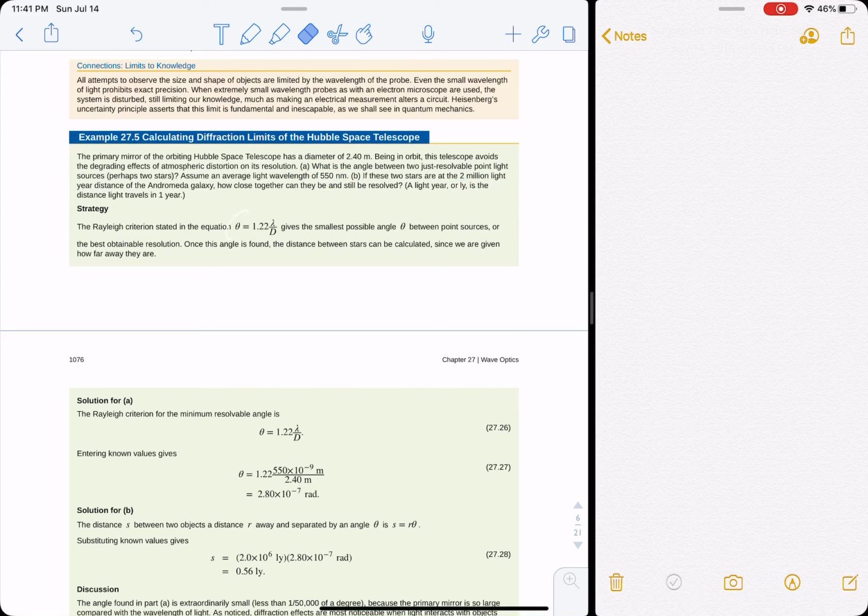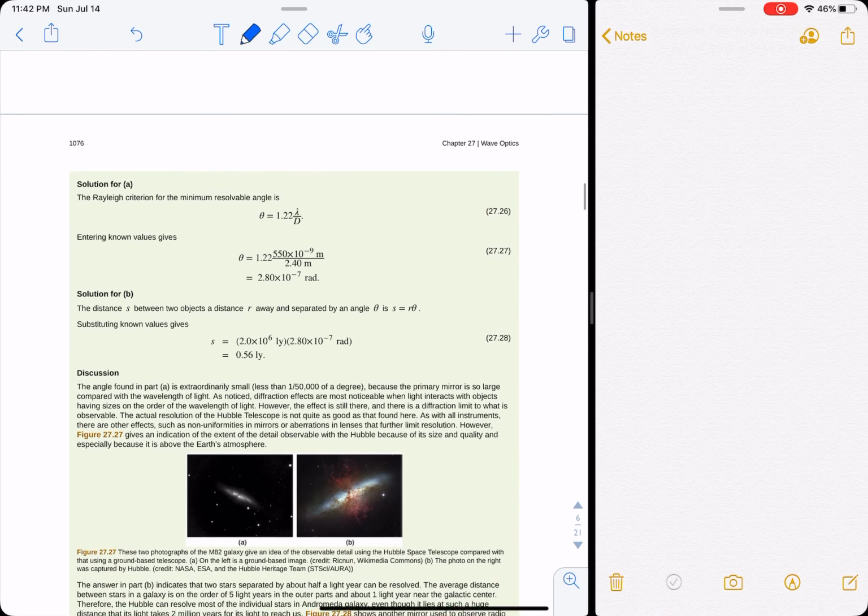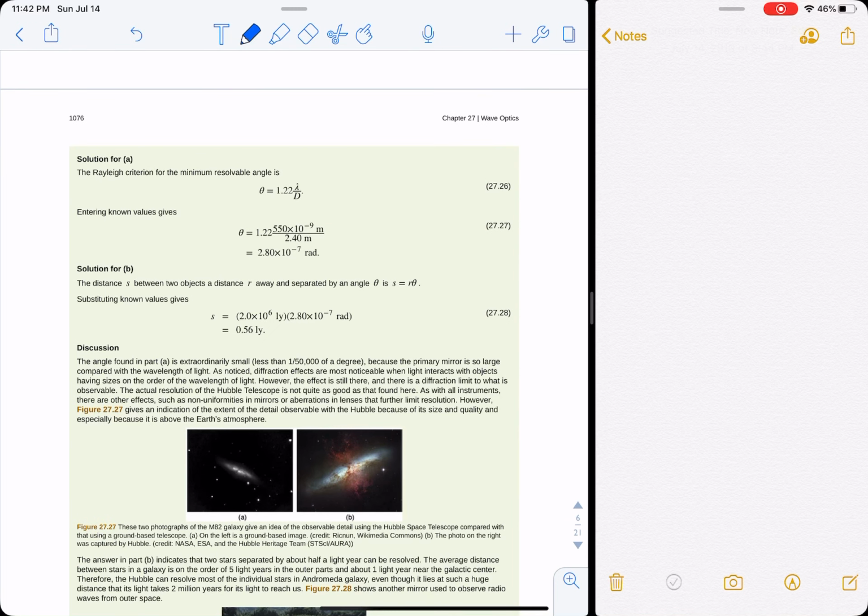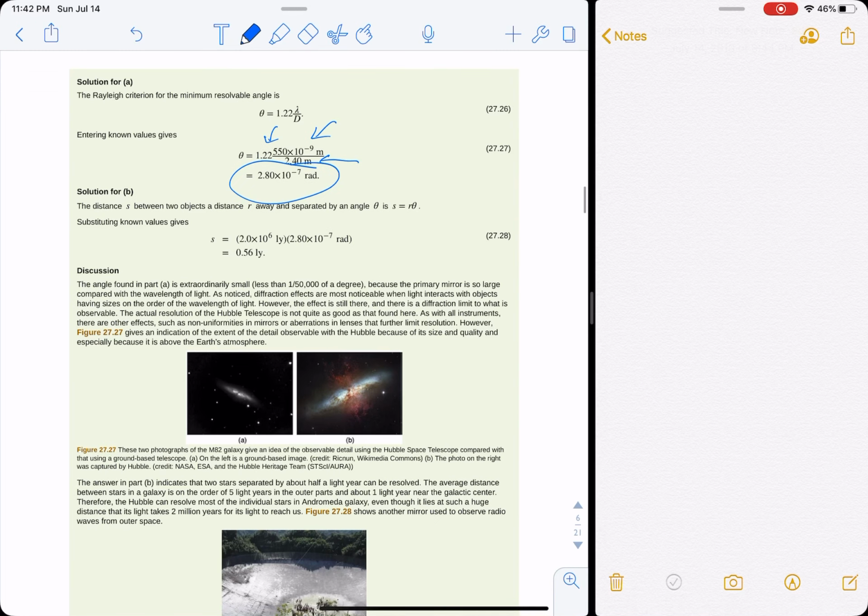So we want to find this angle between them to figure out the minimum distance they can be apart, depending on the wavelength of light. So we've got our 1.22, we've got green light coming in, the diameter of the aperture for Hubble is 2.4 meters, so we get this many radians.